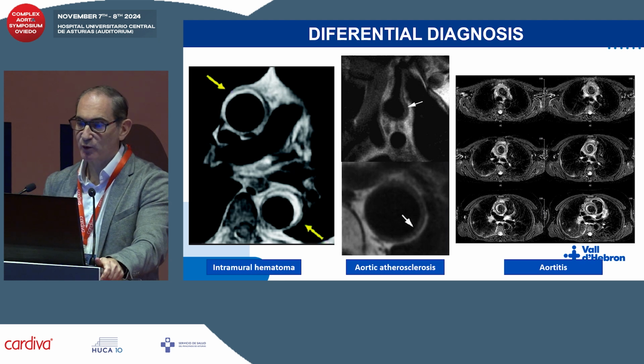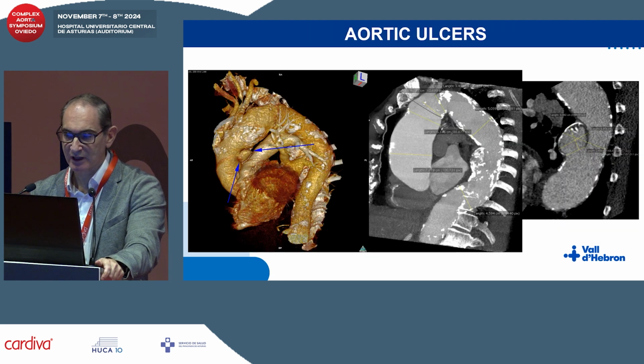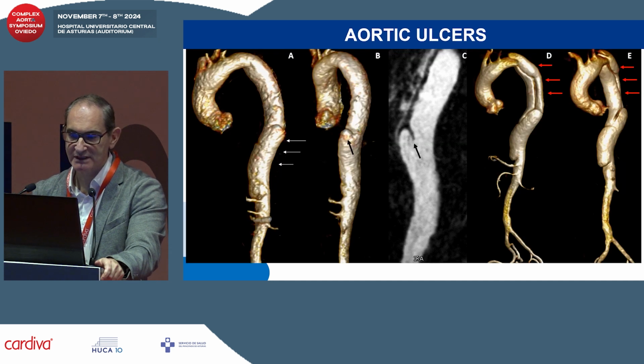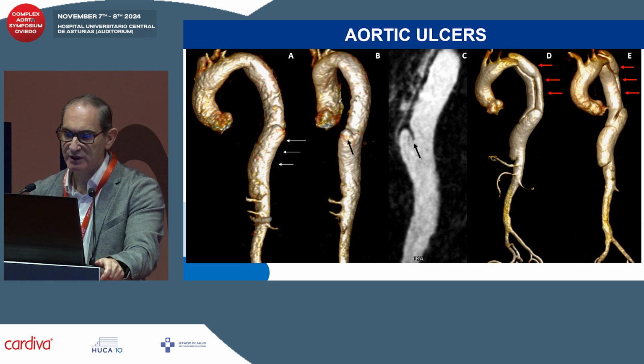And also for the evaluation of patients with aortic ulcers, we can do the same. We can evaluate those patients with a CT, and we can have the same information with CMR. So again, depending on the expertise and the possibility and the capabilities of your center.